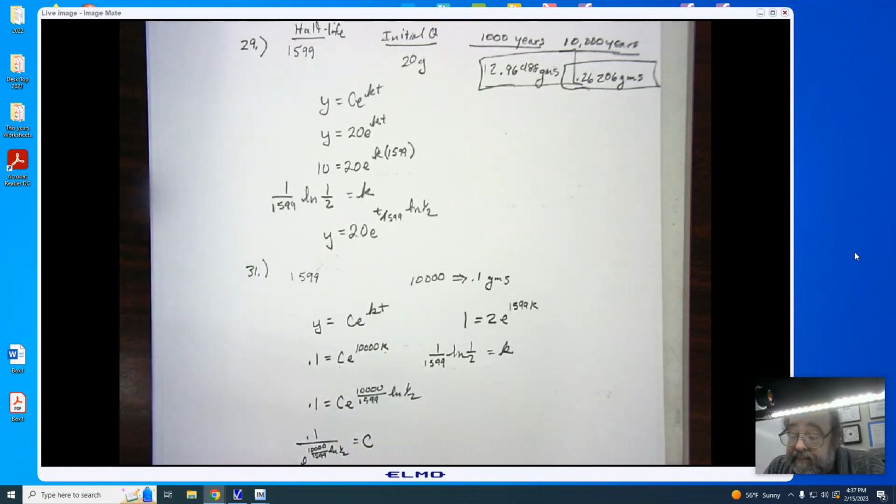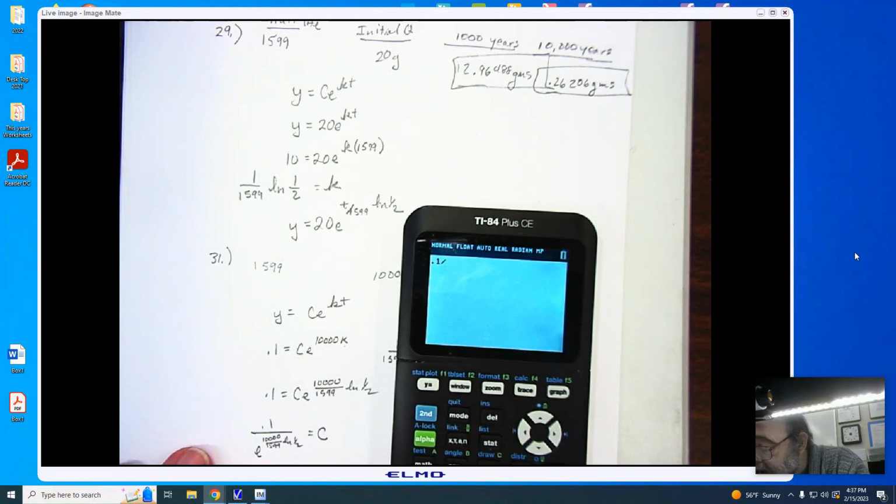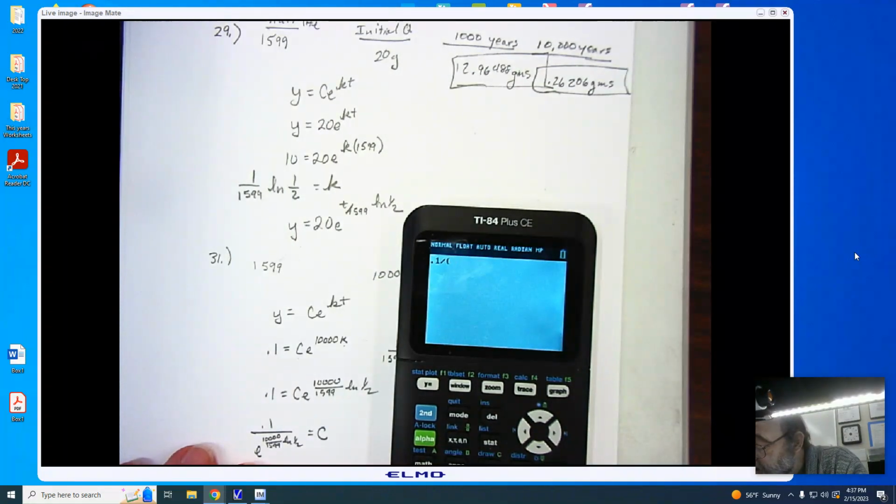This will give me C. Here we go. 0.1 divided by, and I'm making sure that I have everything in the parentheses. Shouldn't matter, but I want to be careful. 10,000 divided by 1,599 natural log of 1/2.